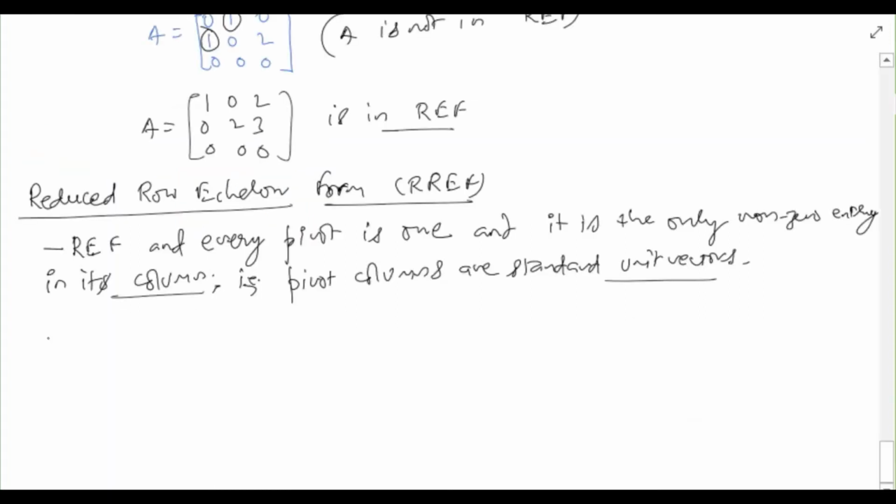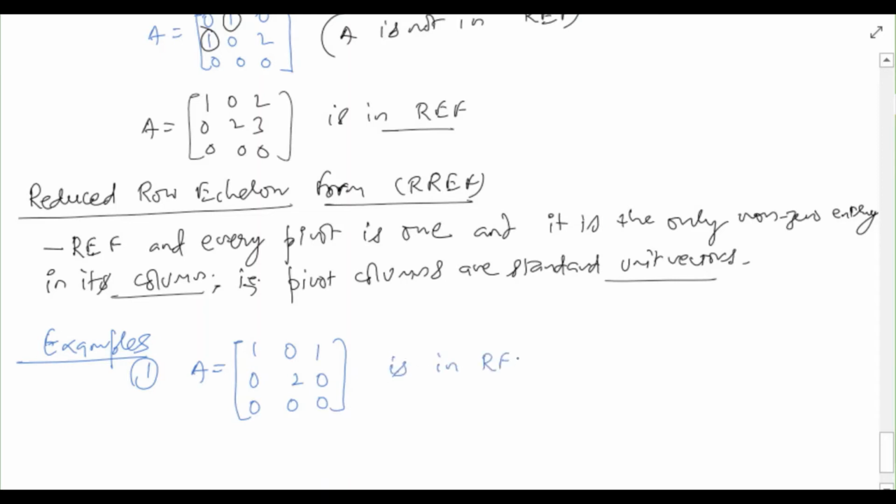Let us consider again a few examples. Let A be the matrix 1, 0, 1, 0, 2, 0, 0, 0, 0. This matrix is in row echelon form, but it is not in reduced row echelon form because the pivot entry in the second row is not 1.